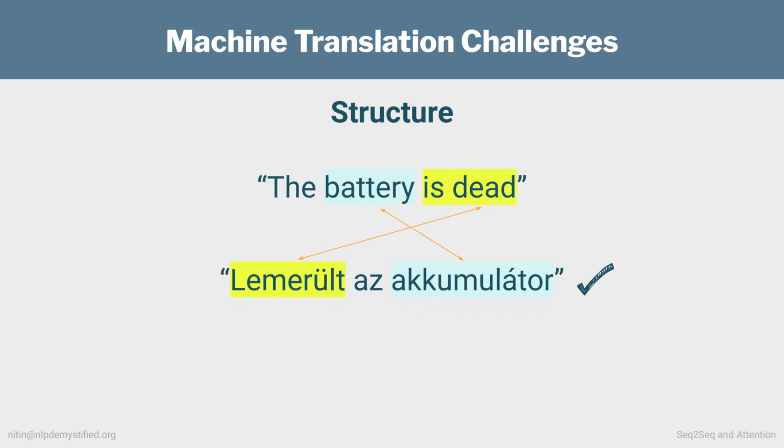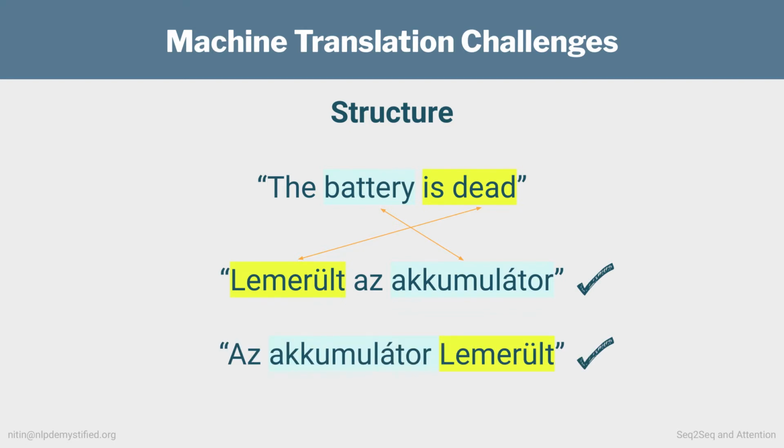In some cases, multiple orders are acceptable. In the example here, the literal translation of the Hungarian is dead the battery. But exchanging the positions of is dead and the battery is also perfectly acceptable. In contrast, doing stuff like this in English would make you sound like Yoda and probably get you strange looks.